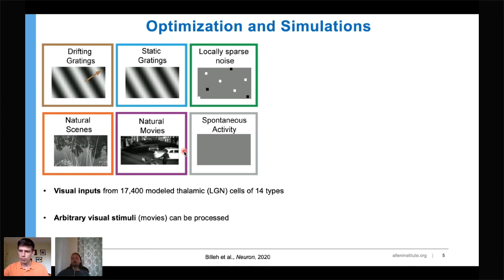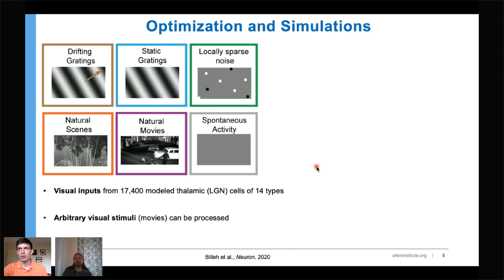So one other aspect of this model is that we've built a relatively realistic representation of visual inputs for this model. So that's done using over 17,000 models of thalamic cells of 14 different types, all of which were tuned to reproduce experimental measurements in vivo.